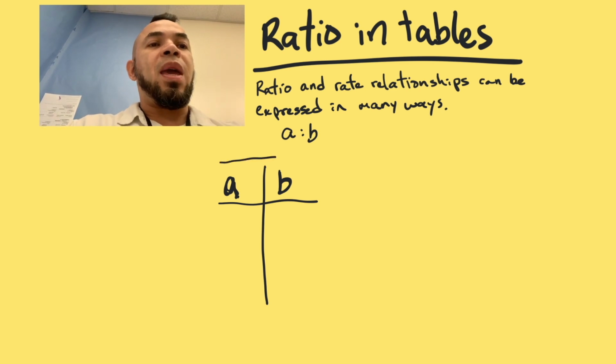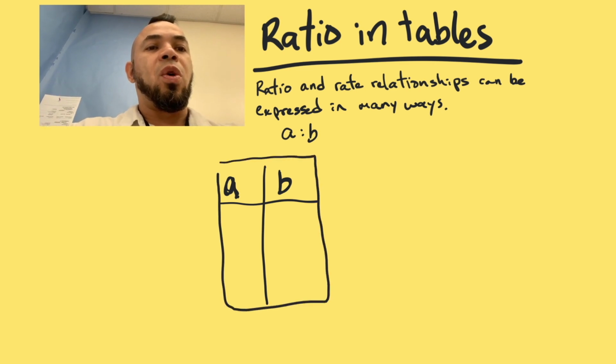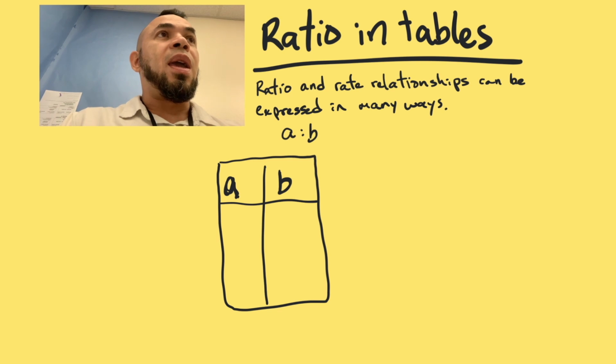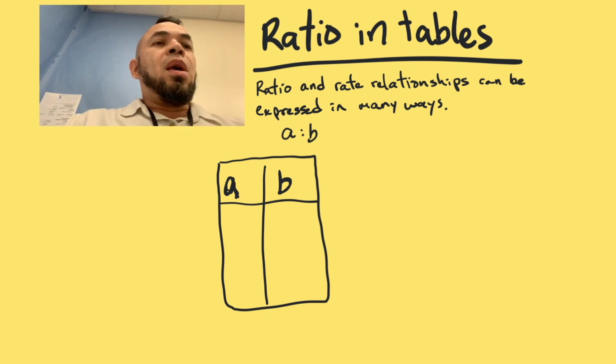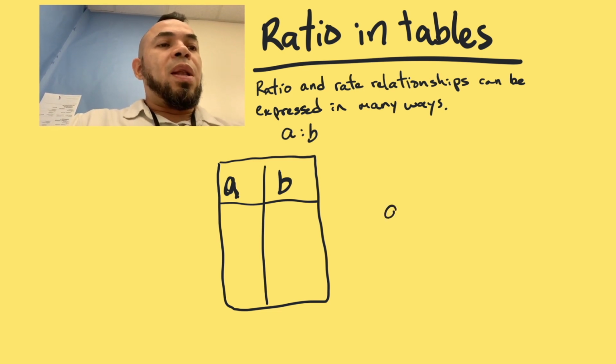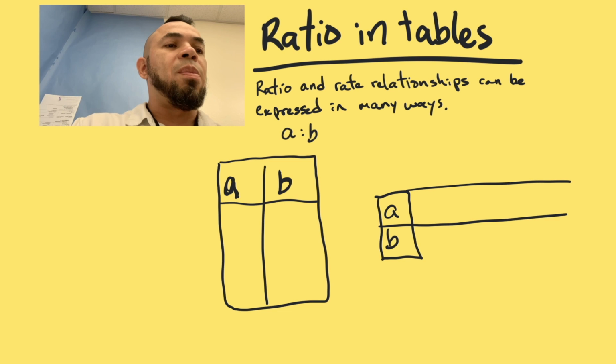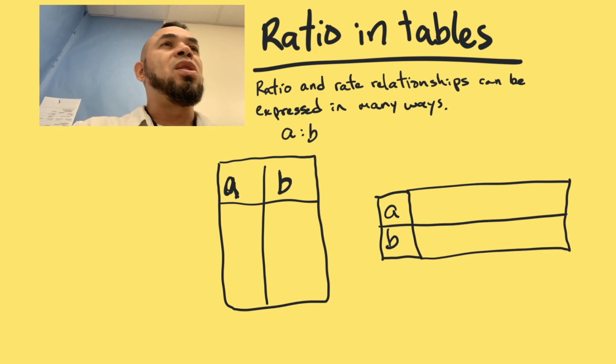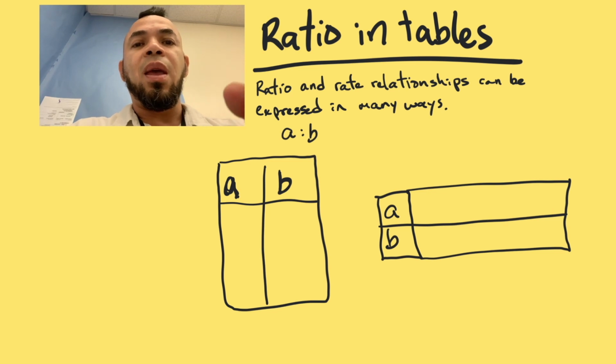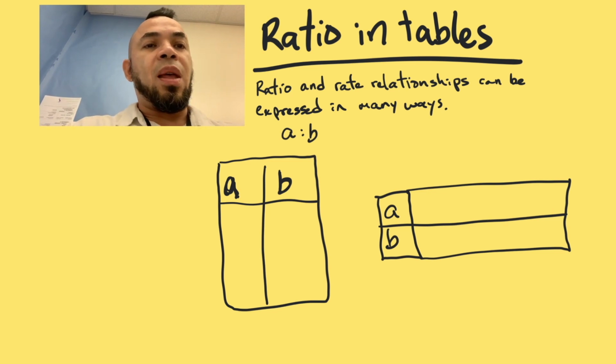A can be anything; in word problems they come out as different things. The table may also be written like this, A to B. So you know the relationship is going to be the A to B ratio, whatever the A happens to be and whatever the B happens to be.